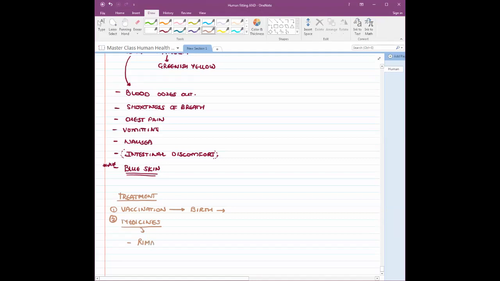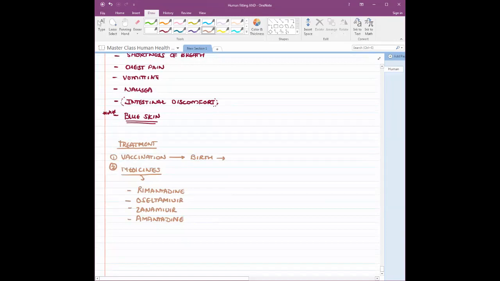So we have rimantadine, we have oseltamivir, zanamivir, and we have amantadine. So guys, these are the drugs that we are going to go for.